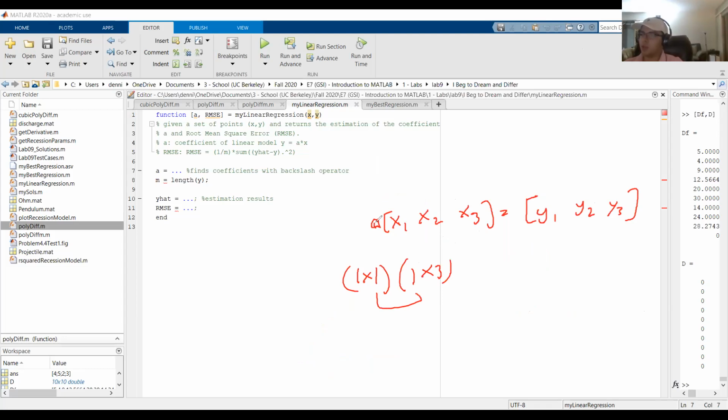I think the other way also works because a in this case is a scalar, so it doesn't really care. Like it works either way. No, the other way doesn't work, I think, because you're doing a 1 by 1 times a 3 by 1. Yeah. But when it's 1 by 1, MATLAB will just take it as a scalar multiplication rather than a matrix multiplication. Let's try it out.